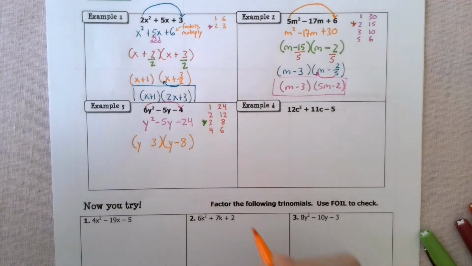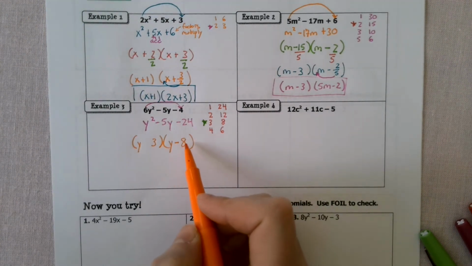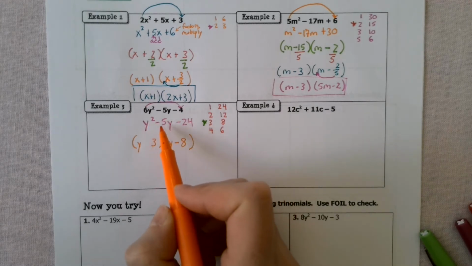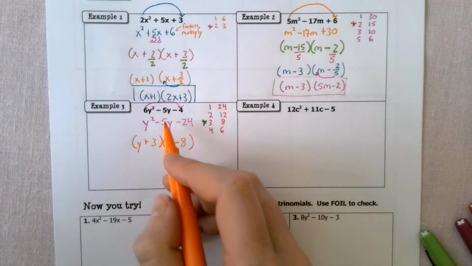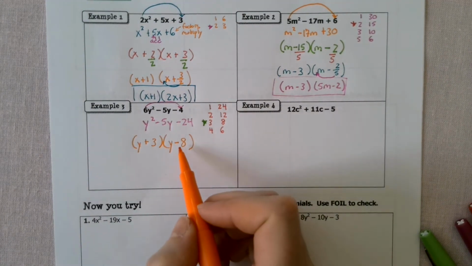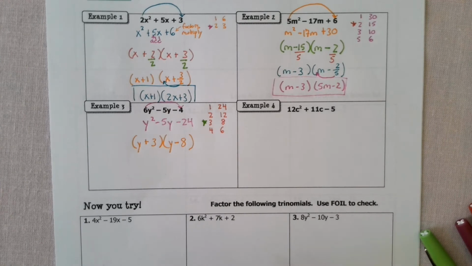So that's going to be a -8. So now I have -8. I need to get to -5. So -8 plus 3 is going to give us -5. And -8 times +3 will give us -24. And that's how you check to make sure that you did your factors right.